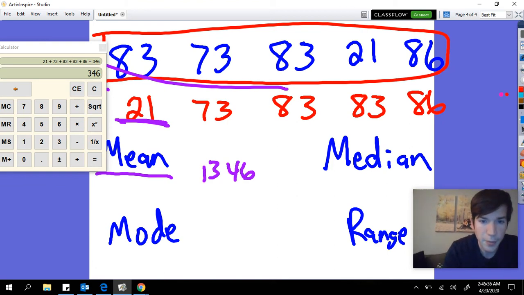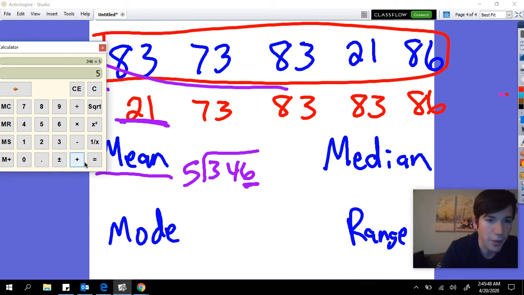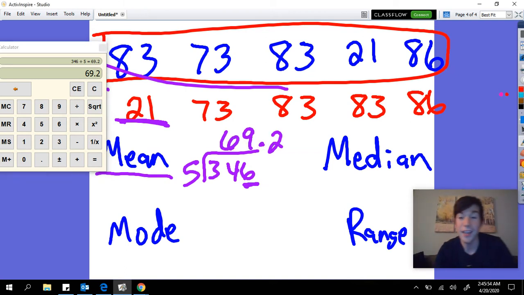And I'm going to divide 346 by 5. Now, I know that 346 is not going to be perfectly divisible by 5, so I'm going to get a decimal here, which is going to give me 69 and 2/10. And that's going to be my mean. Now, you'll notice that number falls in the middle of our data, and normally your mean will fall close to the center of your data.